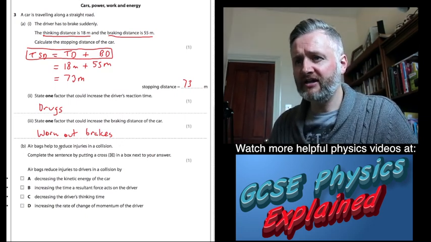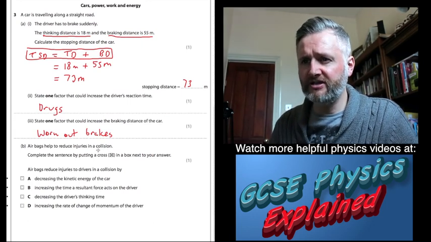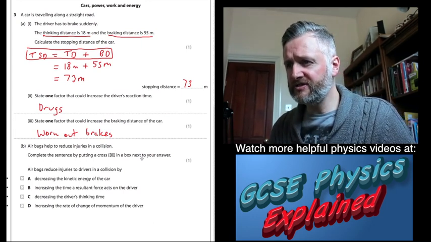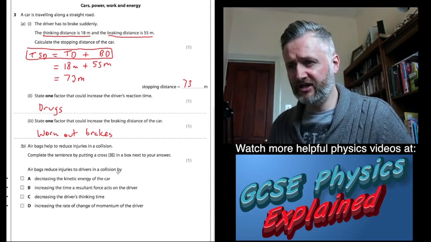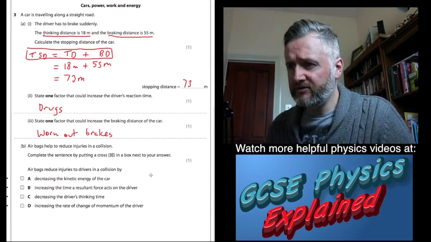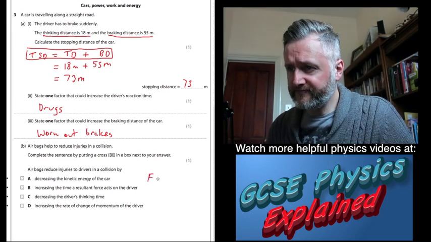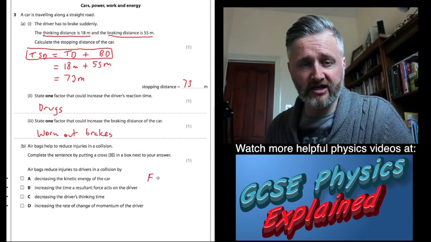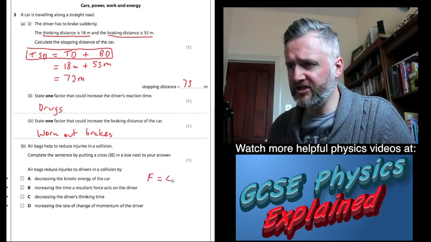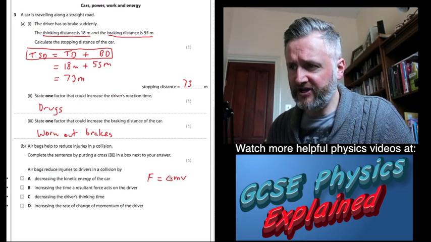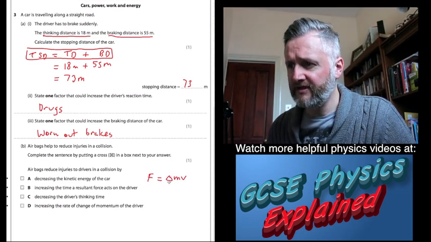B, an airbag helps to reduce injuries in a collision. Complete the sentence by putting a cross in the box next to your answer. Airbags reduce injuries to drivers in a collision by, well, the amount of force that you have, so a big force will cause a big injury. It is to do with the change in momentum, so that's mass times velocity. This triangle thing means change in, divided by the amount of time.